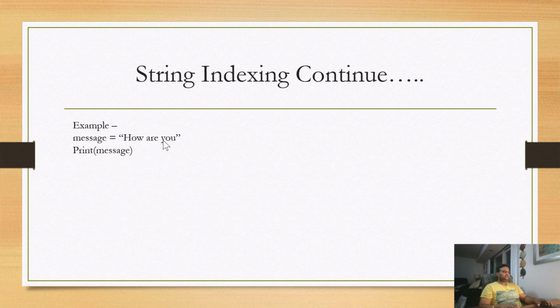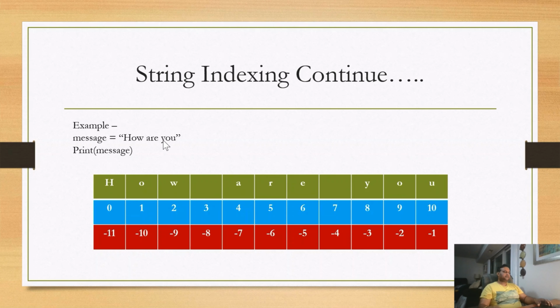The memory which that variable picks up is in a sequential manner. If it is too much for you, just live with it at this moment, and let's try to understand through an example. Same word, same message, how are you.